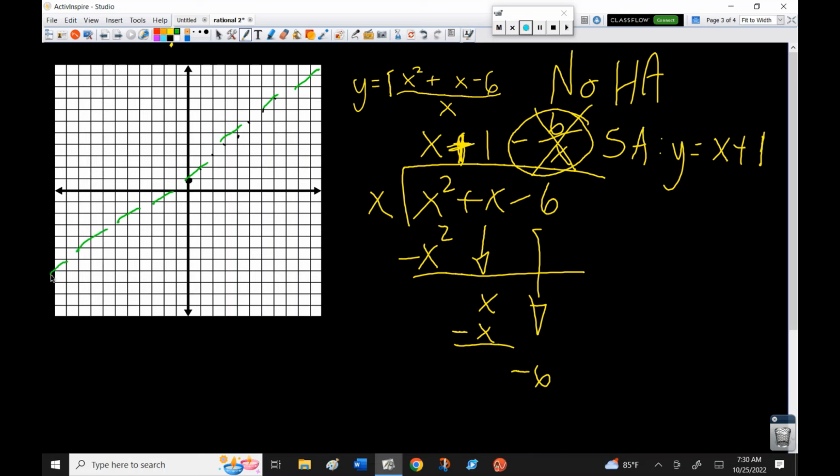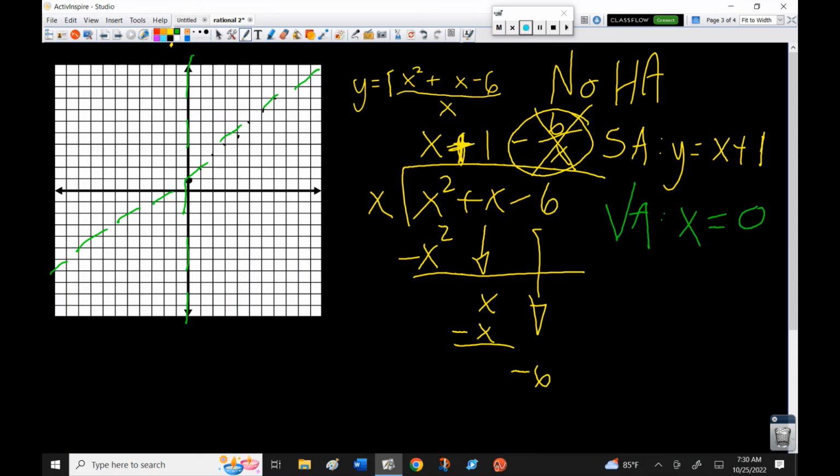Now, there's one thing we know: this has no horizontal asymptote. We know it has a slant asymptote, but this also has a vertical asymptote. And to find vertical asymptotes, set the denominator equal to 0. And look at that. With this denominator equal to 0, the y-axis is our vertical asymptote.